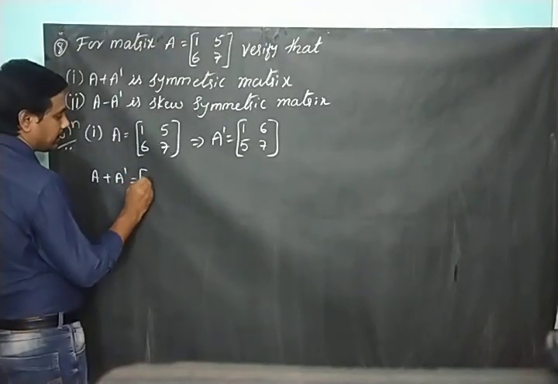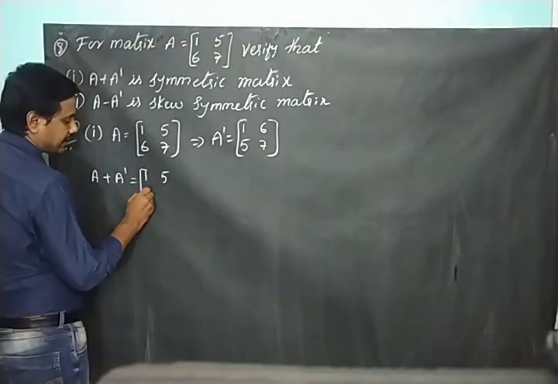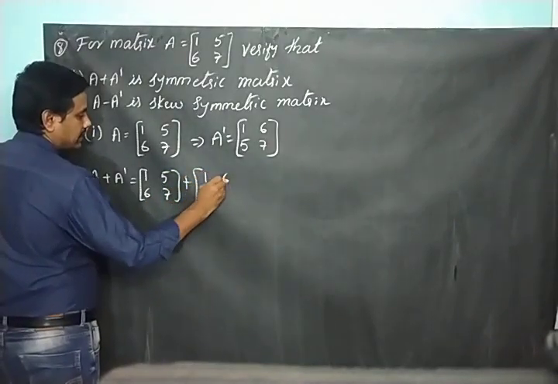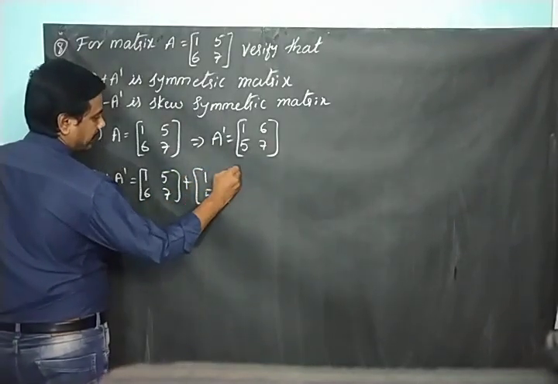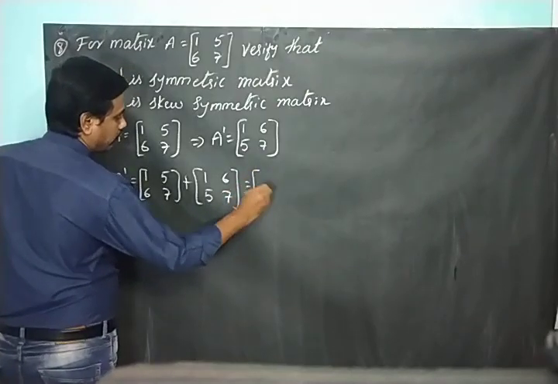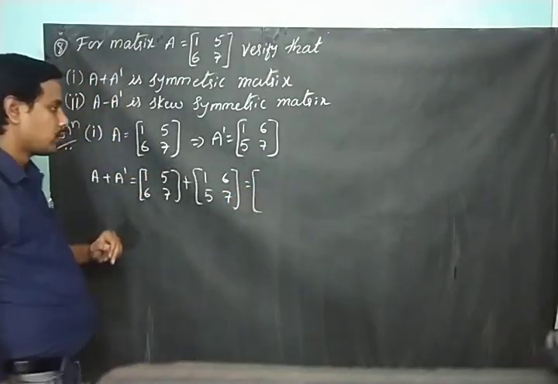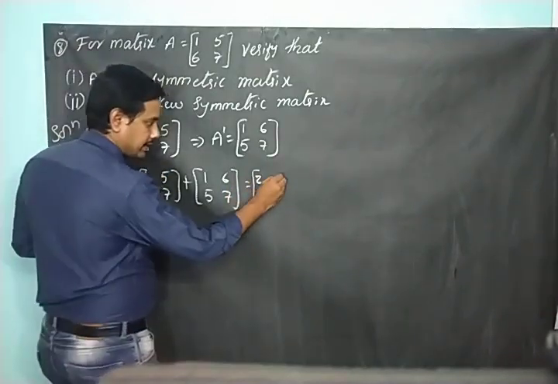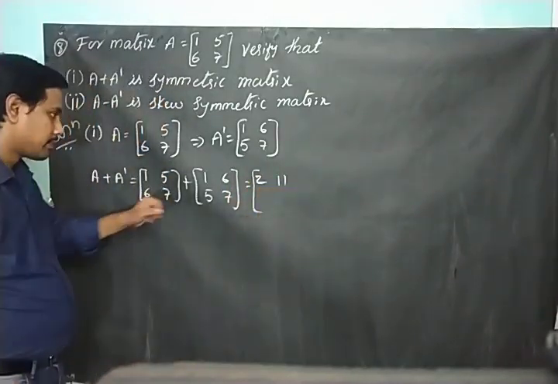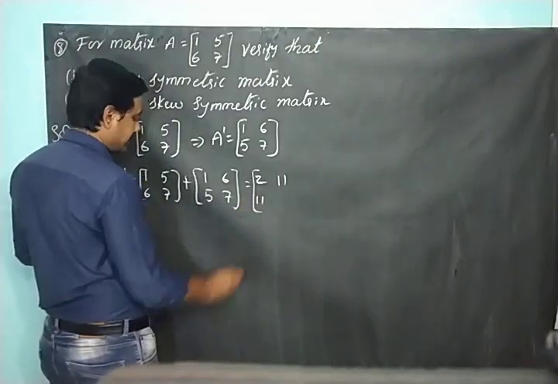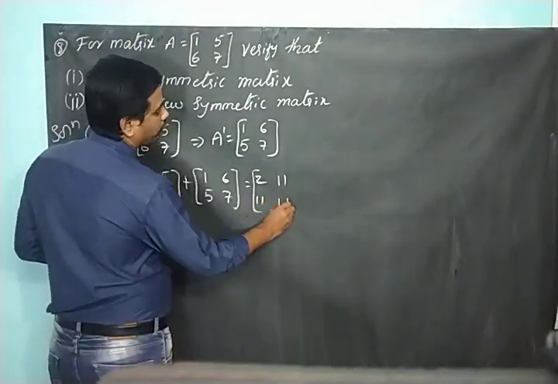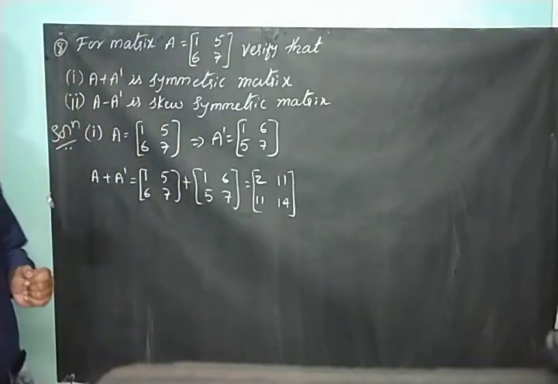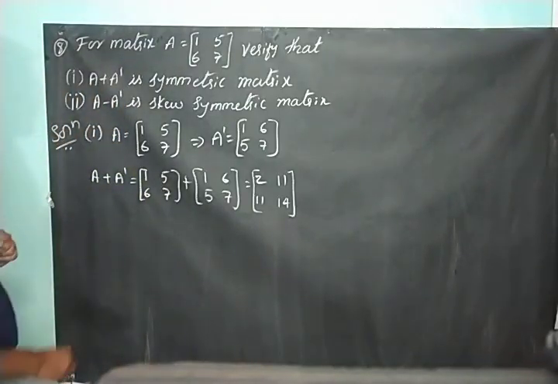It will be 1, 5, 6, 7 plus 1, 6, 5, 7. So 1 plus 1 is 2, 5 plus 6 is 11, 6 plus 5 once again 11, then 7 plus 7 is 14. So A plus A transpose is 2, 11, 11, 14.